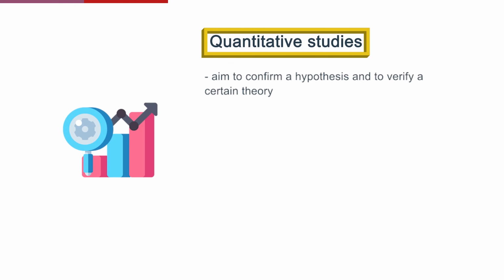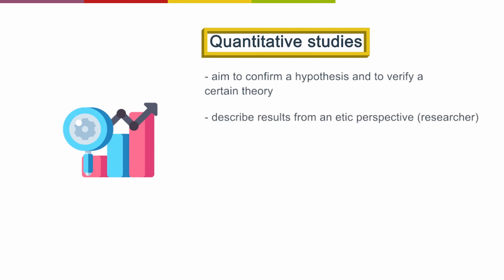We can now talk about the differences between qualitative and quantitative research approaches. The two approaches differ not only in the kind of data collected, there are actually different methodological assumptions behind your study. Quantitative studies aim to confirm a hypothesis and to verify a certain theory.